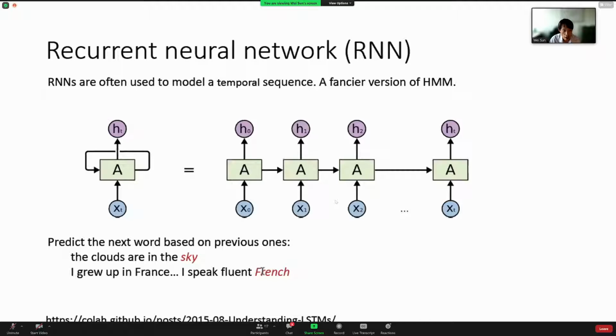But if I have a longer sentence, like I grew up in France and I speak French, you need a longer history to guess the current state. And that's where the hidden Markov model will have a problem, because if you have too long a history, it becomes computationally infeasible. So that's where the recurrent neural network can do pretty well.